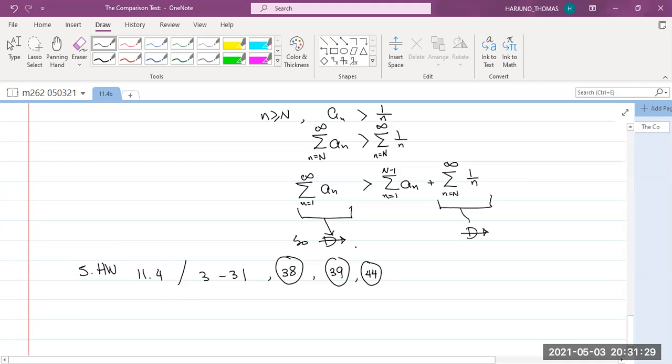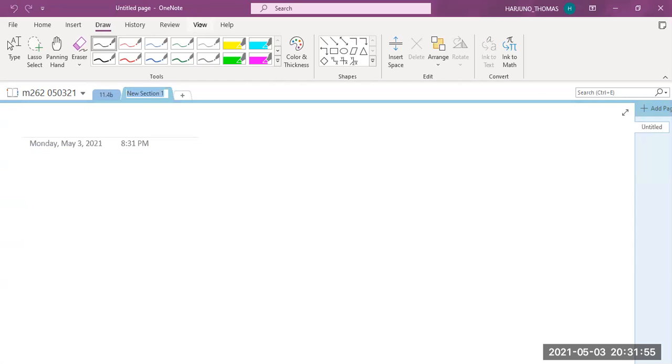Number 45, also a good one. Okay, that's for 11.4b. Let's see 11.5.